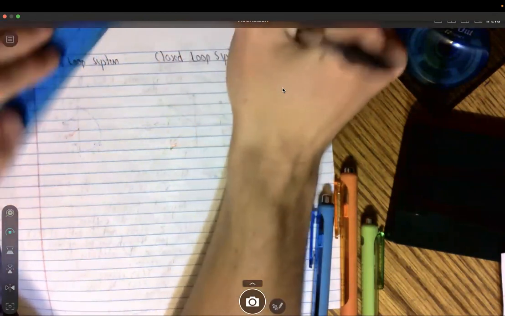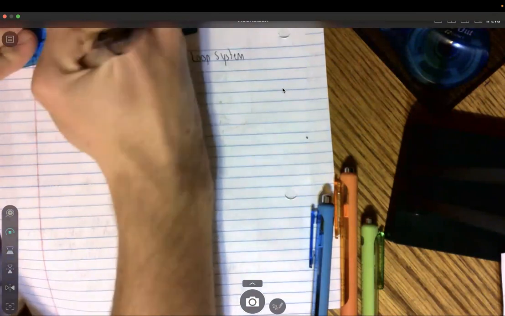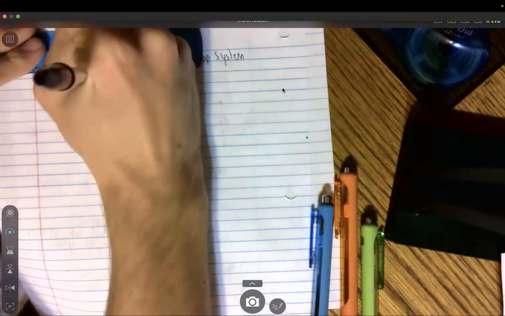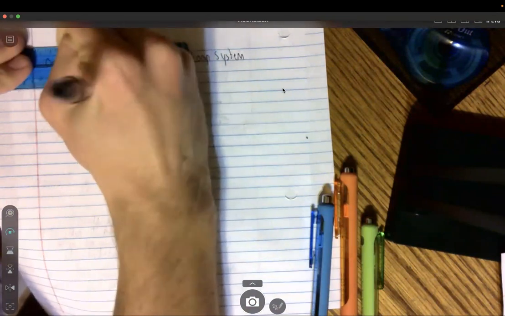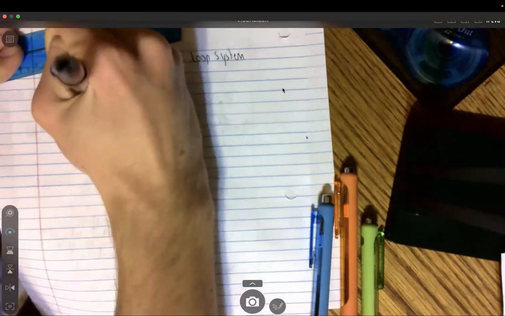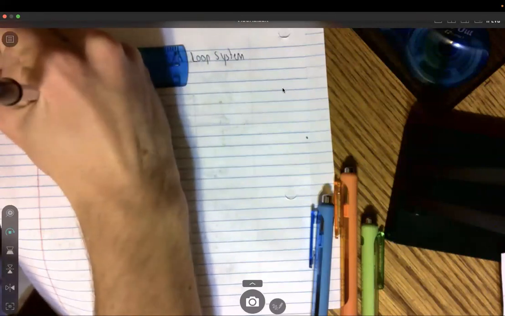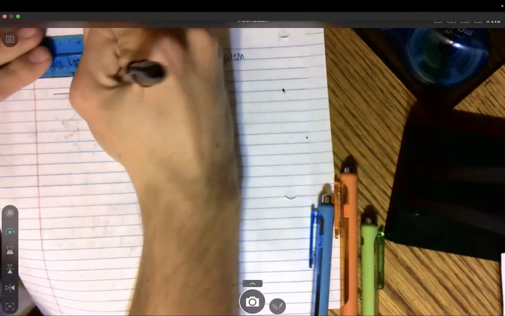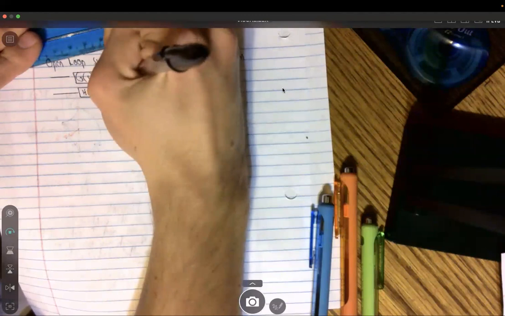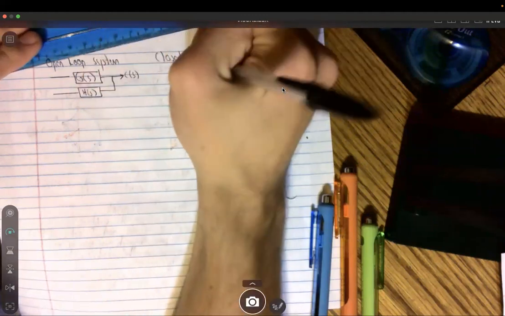For the open loop system, you're going to notice that you get your G of S here, and then you're going to have your H of S down here. But you never close the loop, so that's going to come into play a little later.